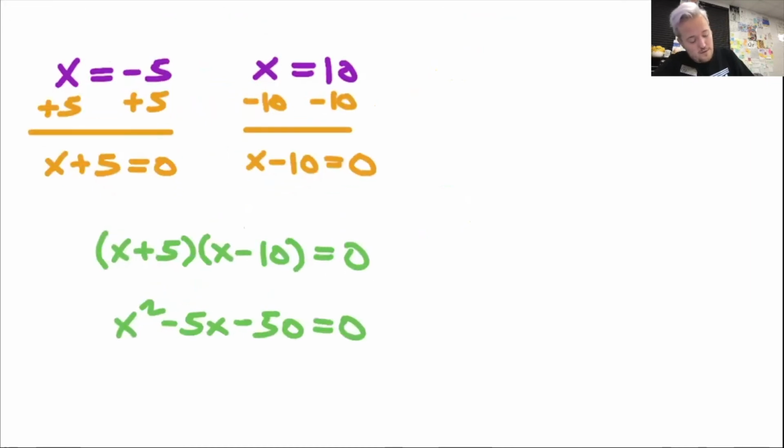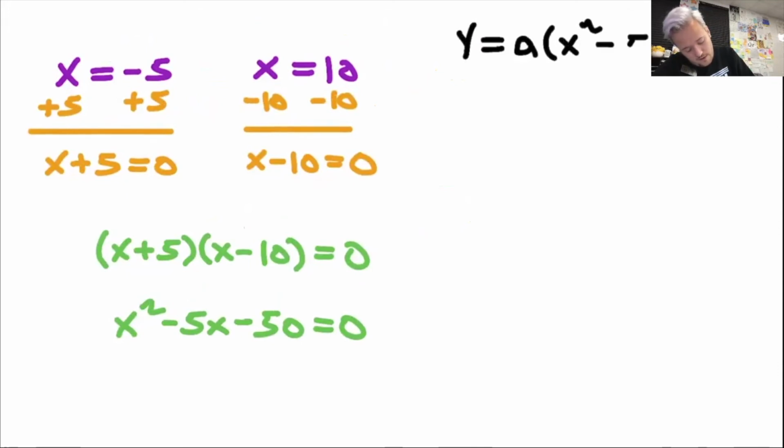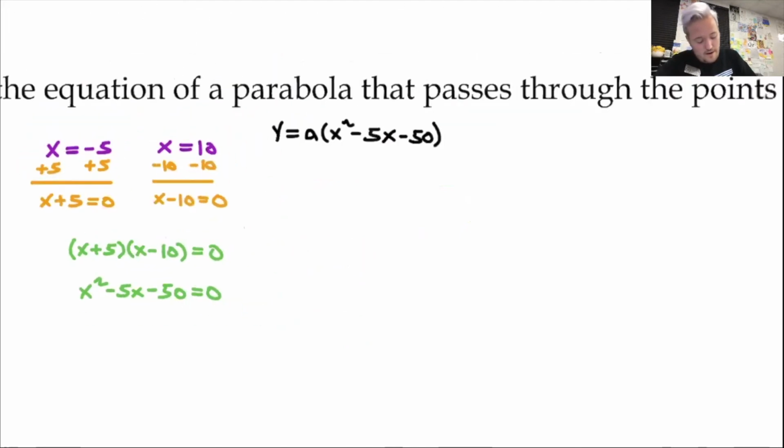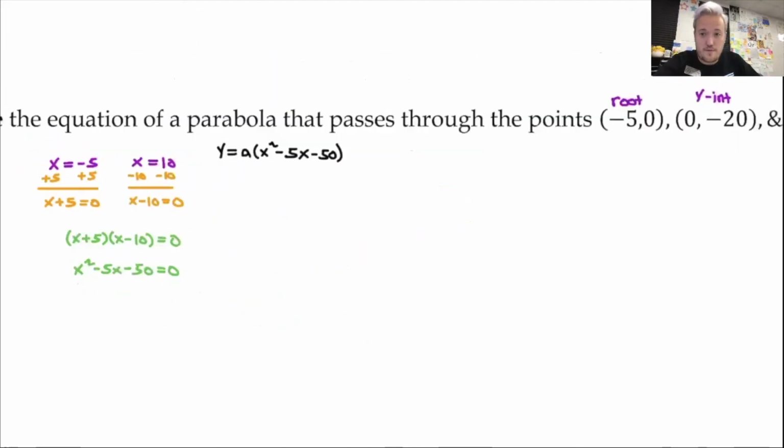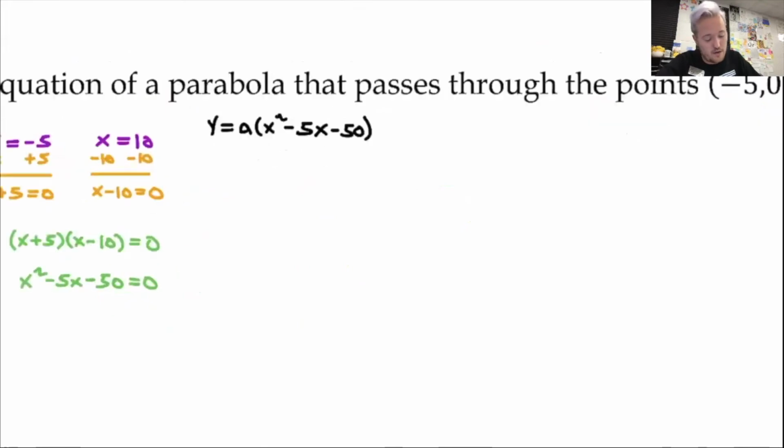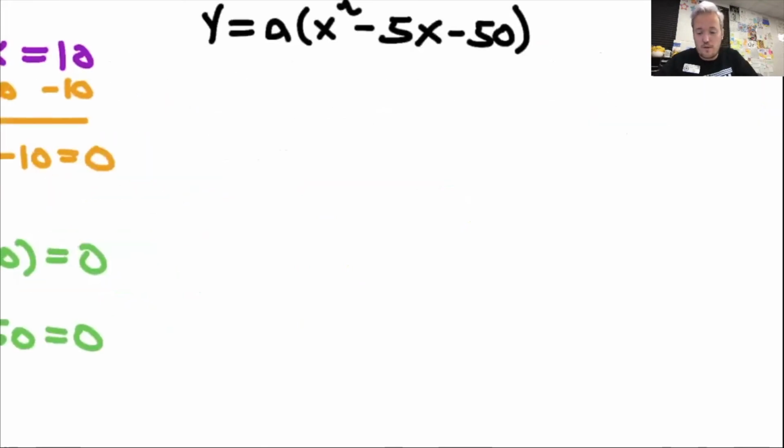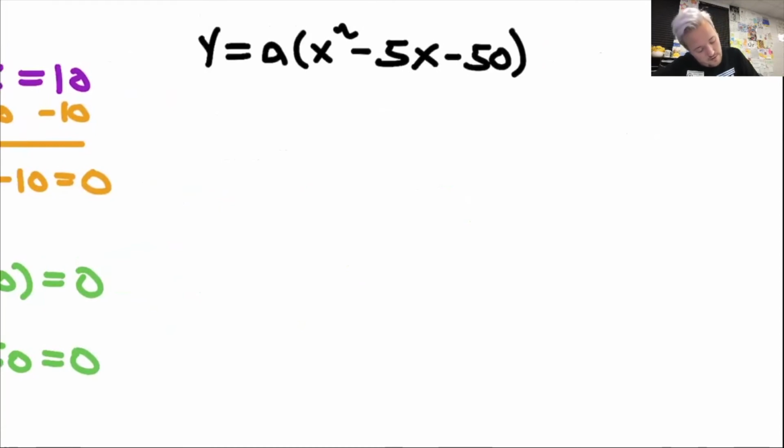All right, so now I'm going to plug this in the regression model. So y equals a parentheses x squared minus 5x minus 50. Now, I want to plug in my other point. So I'm going to plug in 0, -20. All right, so when I plug in, you're going to have -20 for your y value, and then plug in 0 for your x values.